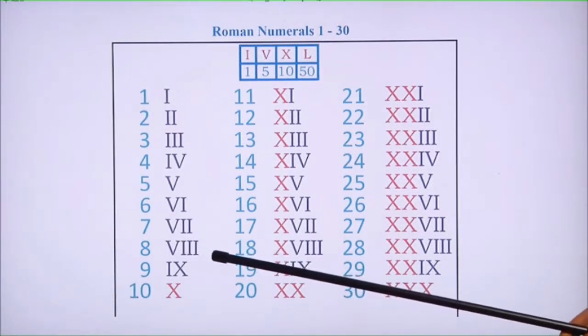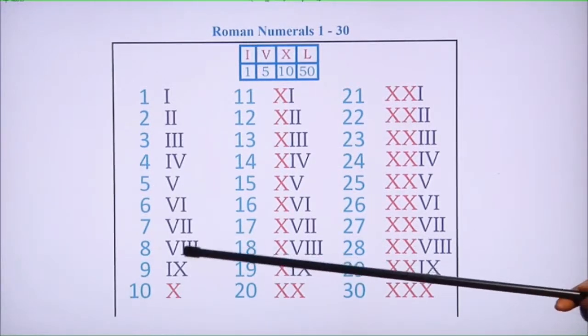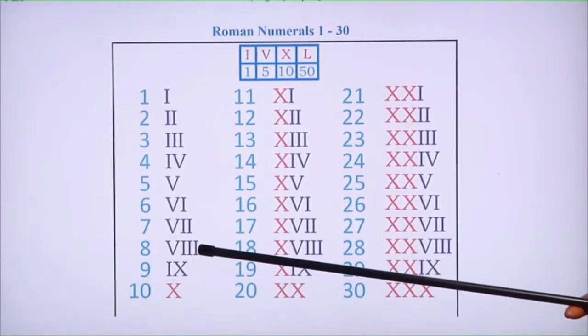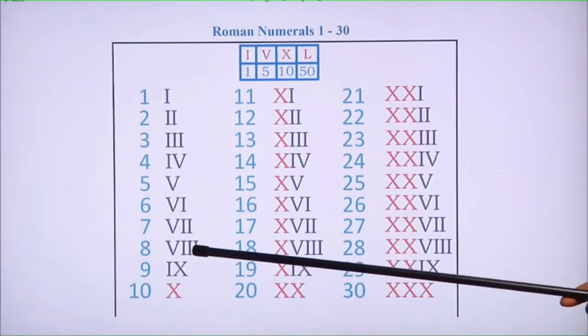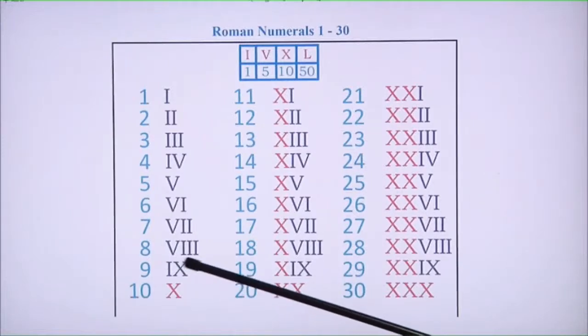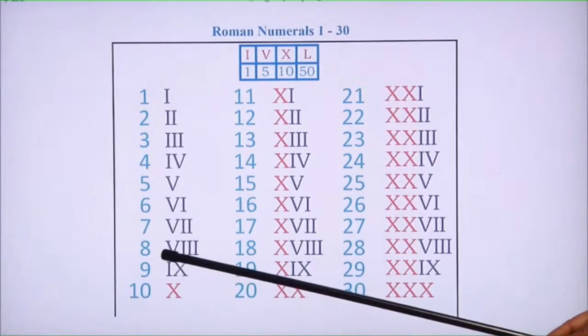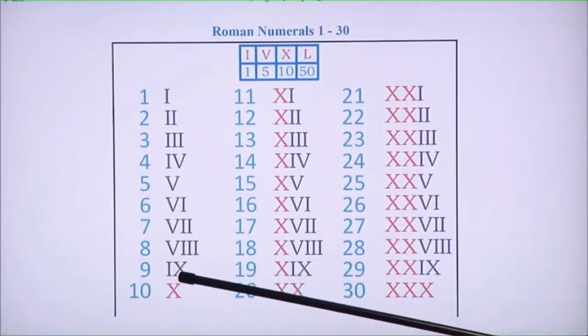So we have written it 3 times, so 1 times 3 is 3, plus 5 will give us 8. We have IX. We subtract the smaller value from the bigger value. So 10 minus 1 will give us 9.